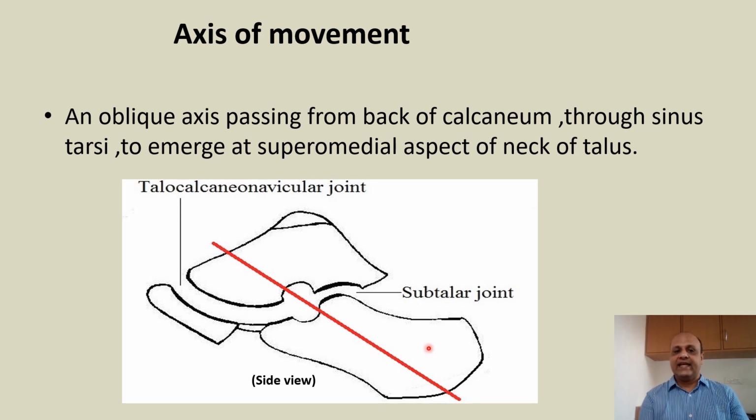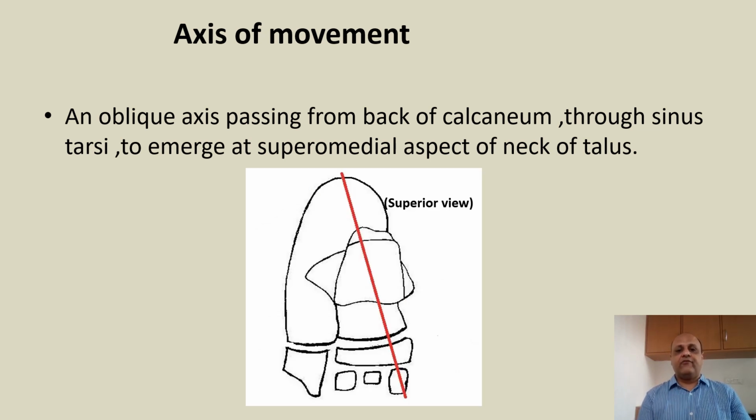This bone is the calcaneum. This axis passes through the sinus tarsi and it emerges at superomedial aspect of neck of talus. This is the side view, and now if we come to the superior view, we can again make out the oblique axis here. Now this is the superior view passing from back of calcaneum through sinus tarsi to emerge at the superomedial aspect of the neck of talus.